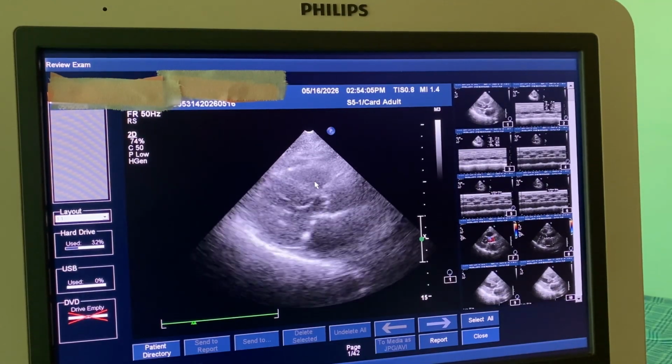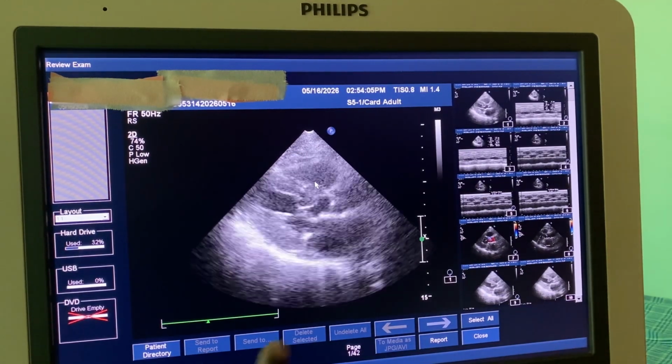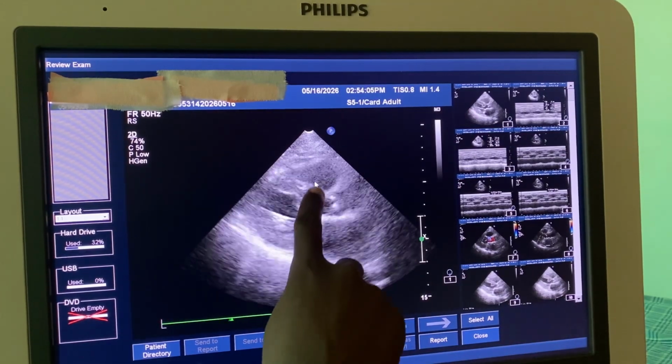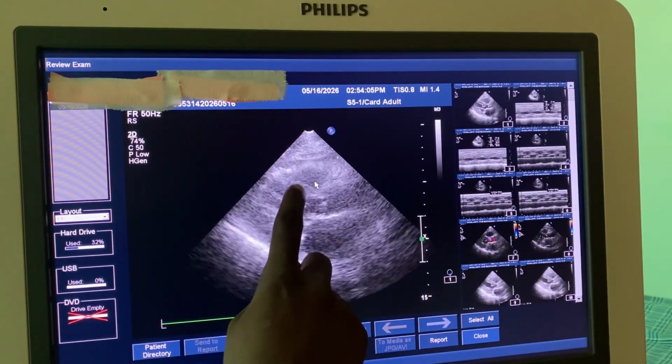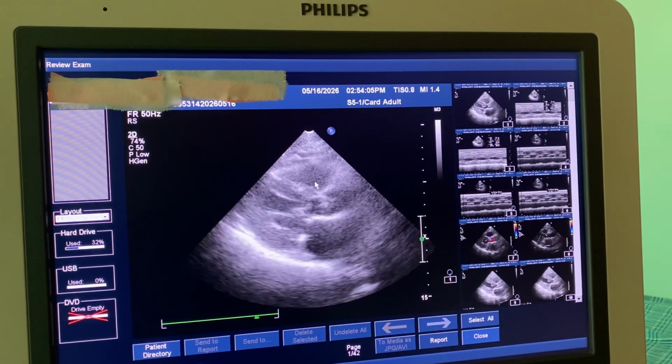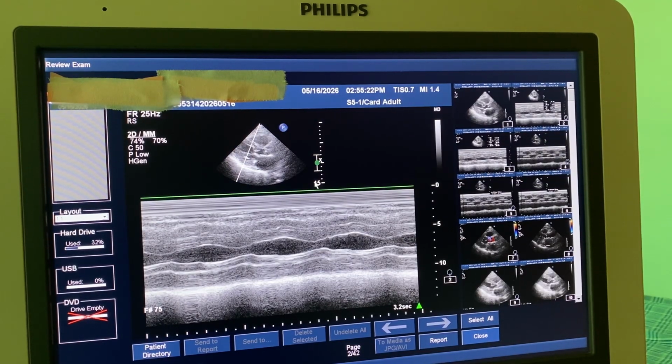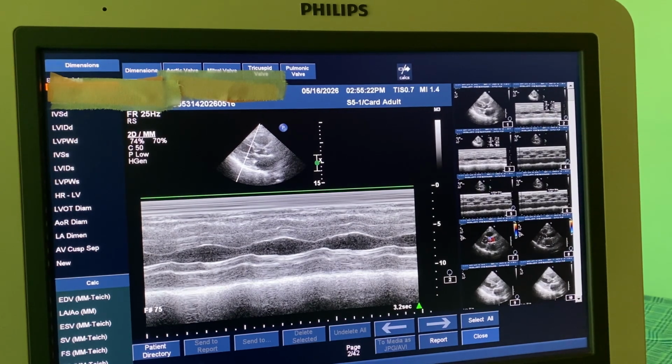You can ask any question. So this is sigmoid septum. We cannot get the M mode line passing here, so we have to go away from it. And then this one outlines the boundaries properly. If you measure, you'll find it is hypertrophied.